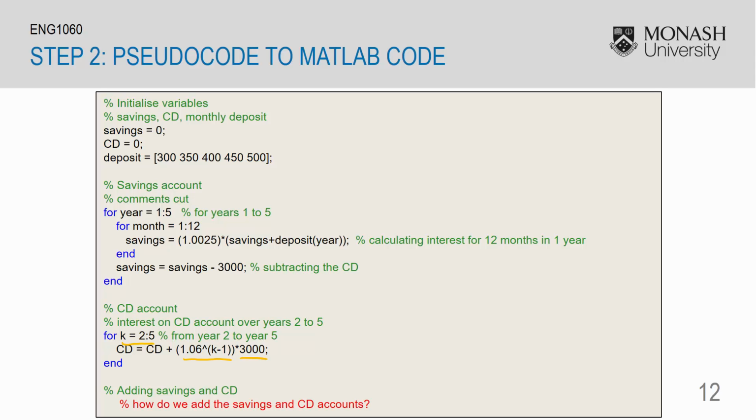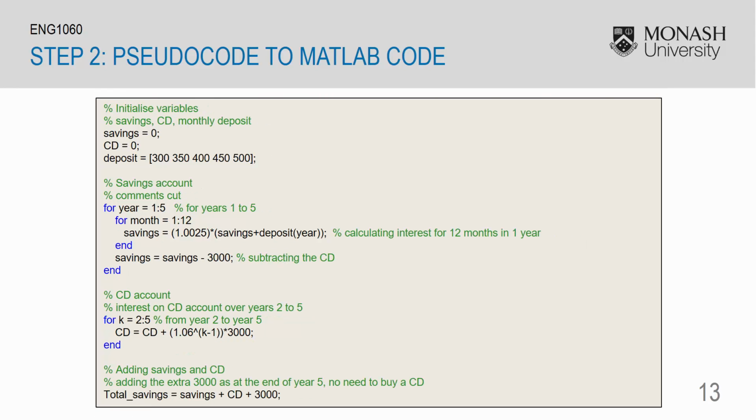Finally, we are left with adding the savings and the certificate of deposit accounts. We can do so by saying that the total savings is equal to savings, which was our value up here, plus our certificate of deposit, which was this value here, plus 3,000. The 3,000 here comes from the unnecessary subtraction at year 5.